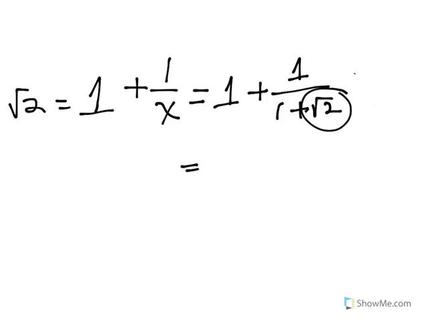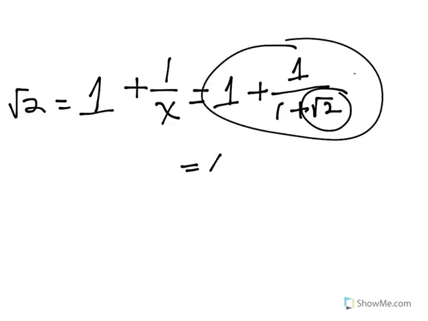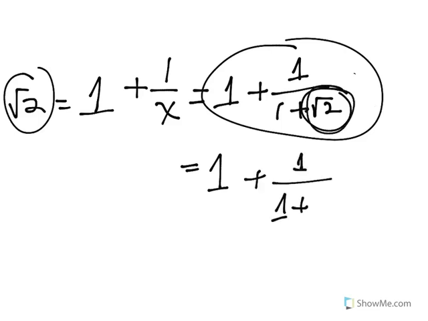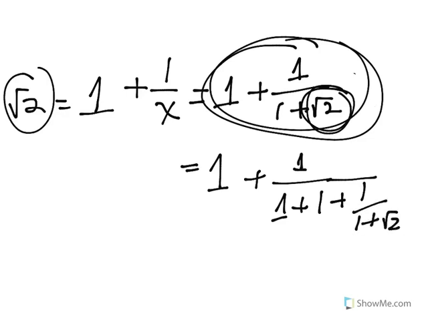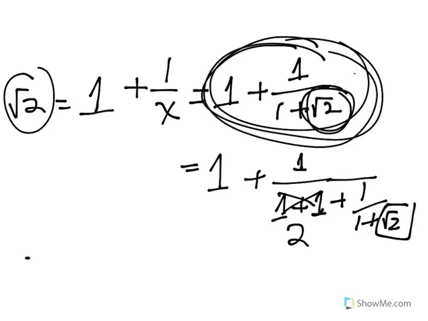But this square root of 2 is going to get replaced with this whole thing because they're both square root of 2. So 1 plus 1 over 1 plus, but instead of square root of 2, I'm going to write 1 plus 1 plus 1 over 1 plus square root of 2. But these two 1's can get together to become 2. And I'll just do this one more time. This square root of 2 can be replaced with 1 plus 1 over 1 plus square root of 2.